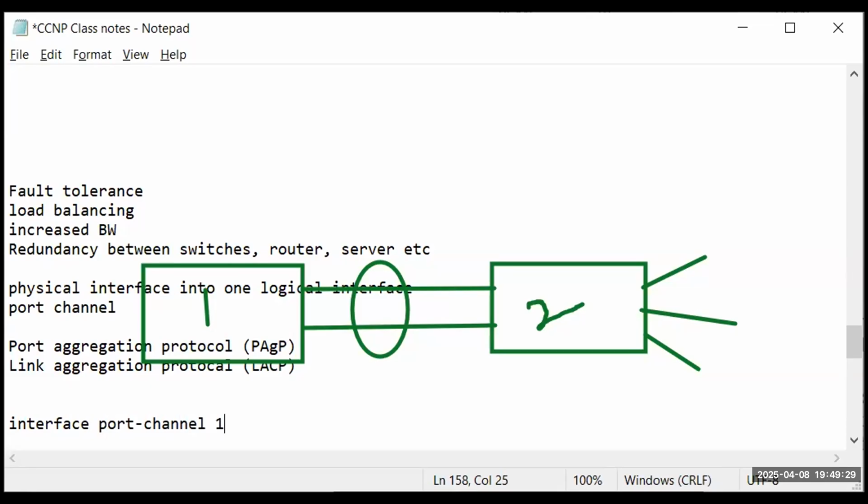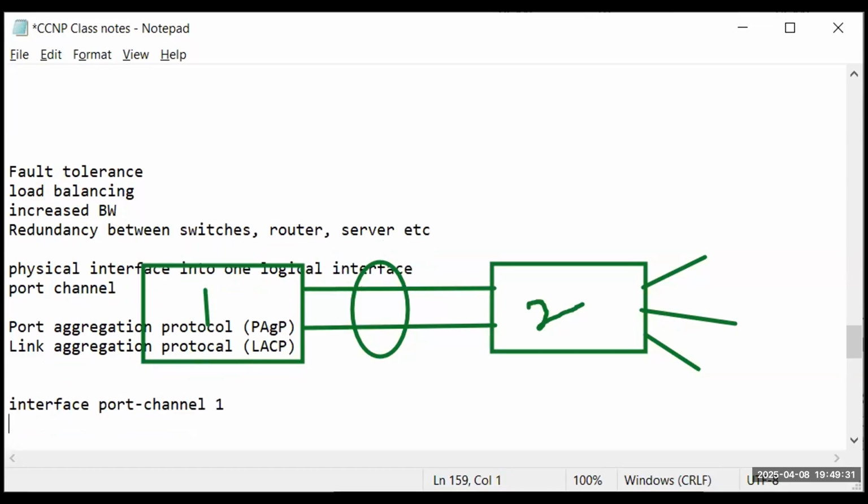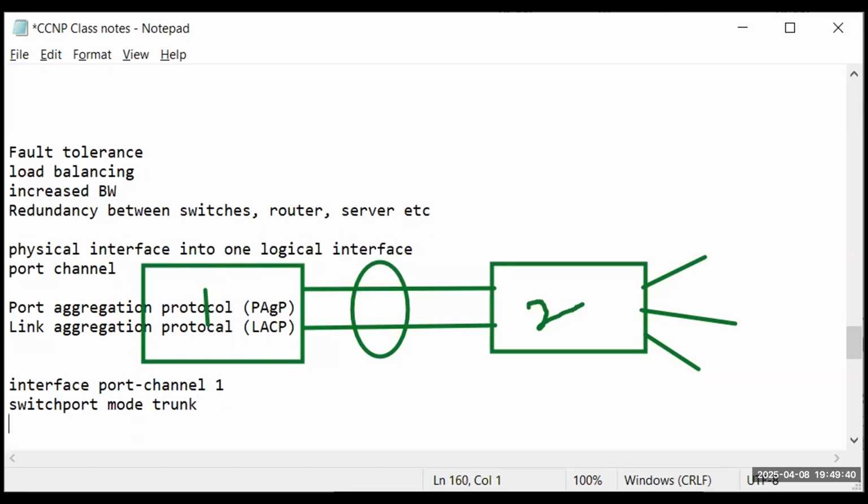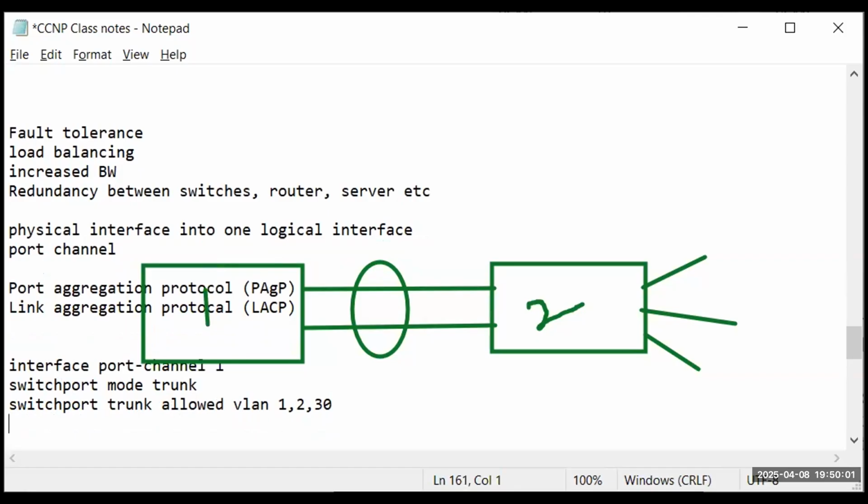Now I'm going to create one logical interface that is a trunk port: switchport mode trunk, then switchport trunk allowed VLAN 1 to, say, 20, 30, any number of VLANs which you want to allow. This is on the virtual, logical port that you are creating.